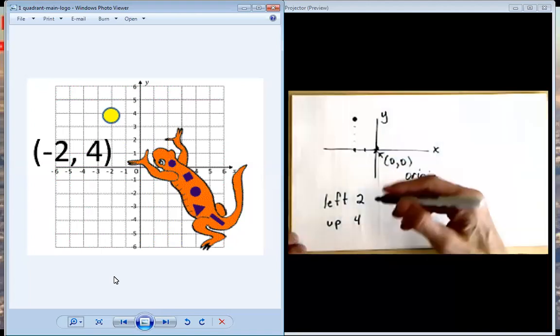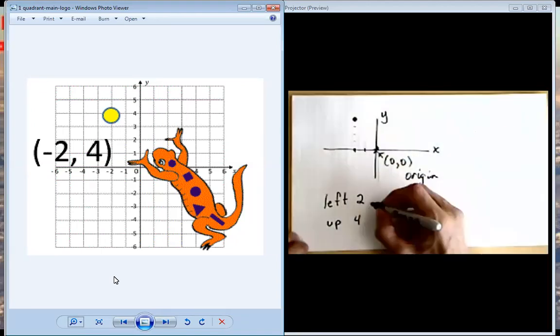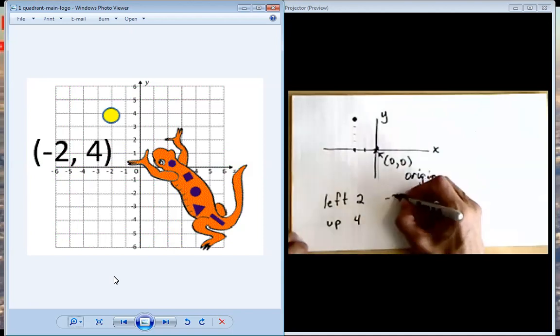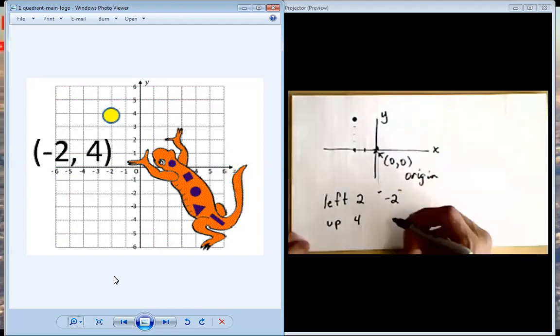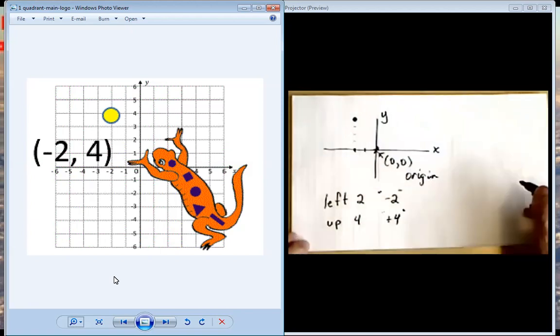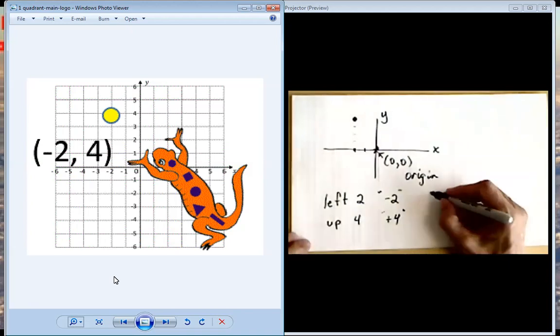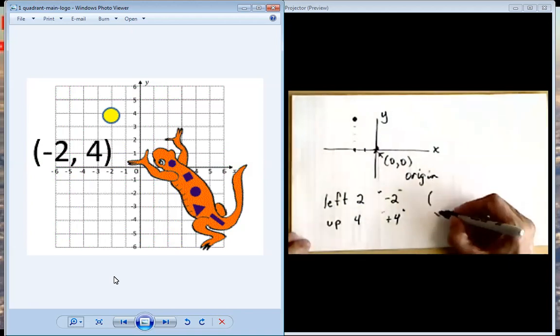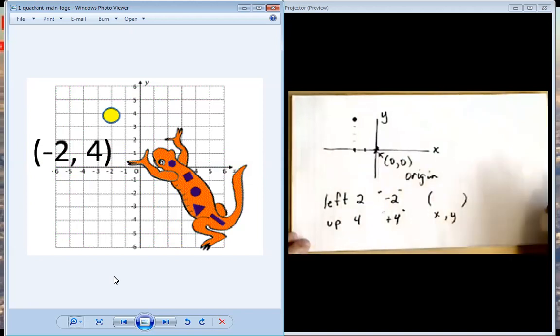Okay, so if we're talking about math stuff, then left 2, you show it by -2. And if you're talking about up 4, you show that by +4. To show it as a point, the x is always first, like we saw yesterday, and the y is always second, like yesterday.